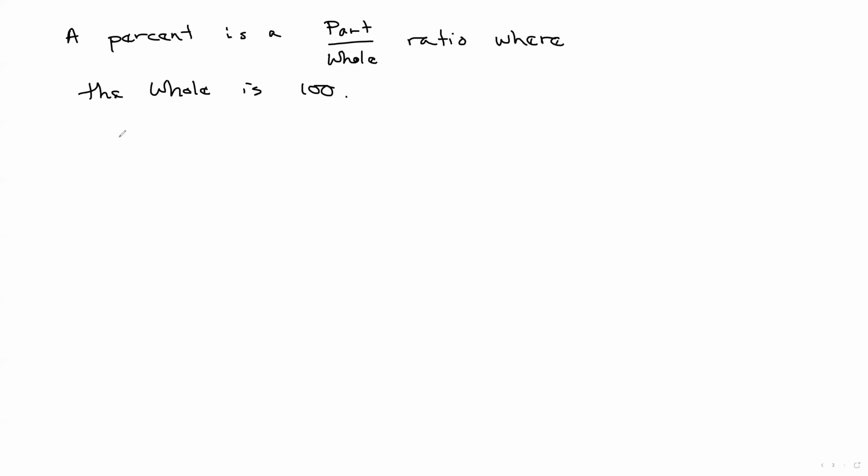Okay. So for example, if you say 70%, 70% equals 70 over 100. All right, so 70% is just the shorthand version of this. So a percent is a ratio. This is the percent, 70 over 100. And then we can use the percent symbol here to just shorthand it to 70%.